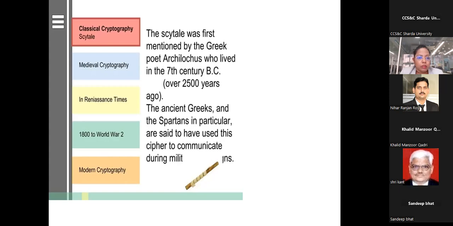Unless the receiver has a wood log of the same size, he will not be able to read the information. This is called the scytale. It was invented just 2,500 years ago, in the 7th century BC.